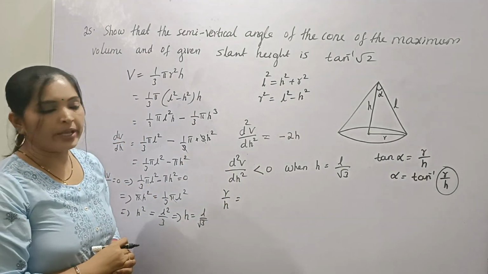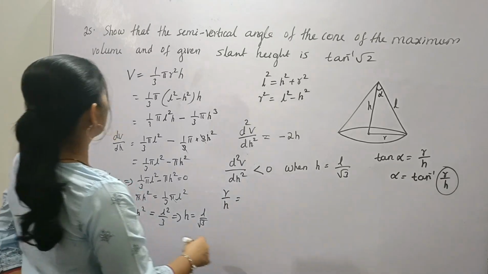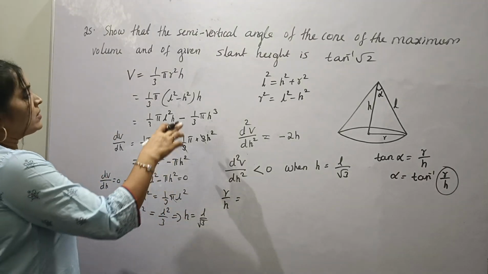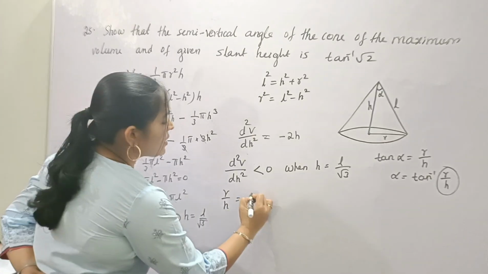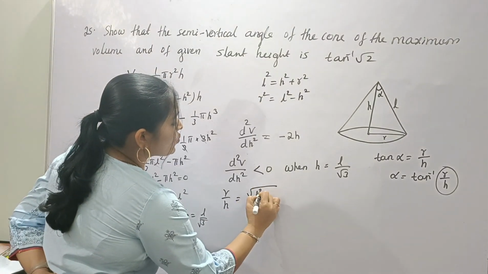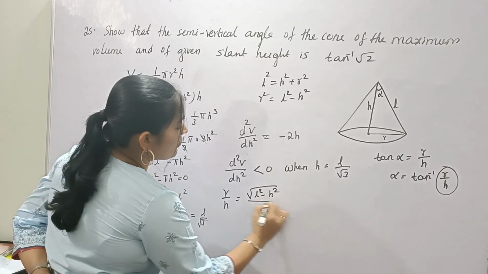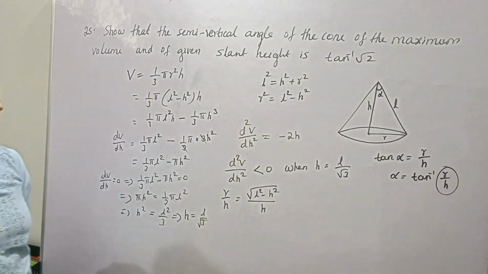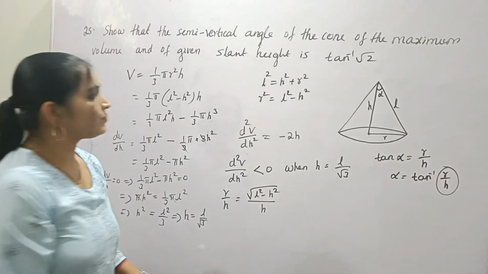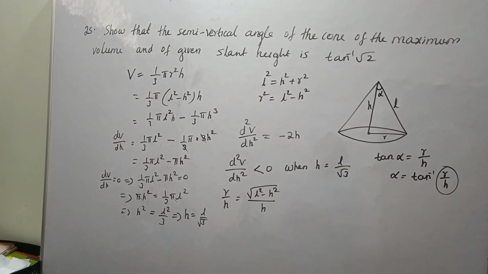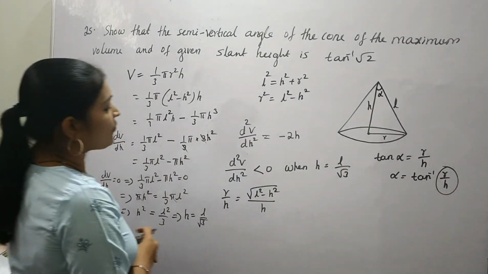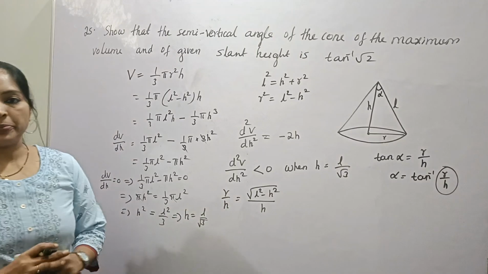So let's find r by h. What is our r? r square is equal to L square minus h square. So r is the root of L square minus h square. So r by h is equal to the square root of L square minus h square divided by h.